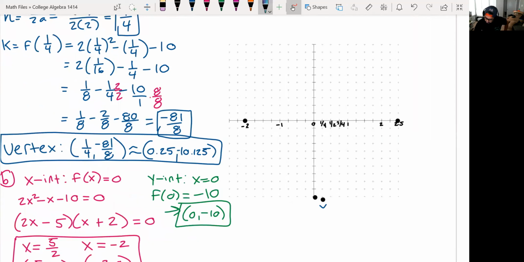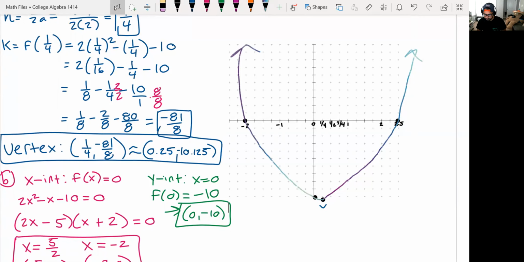And then, all right, so there is our parabola. We didn't have to adjust the intervals, but I wanted to so we can answer the final question.